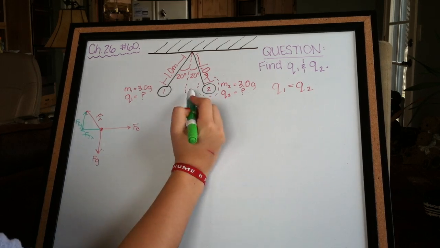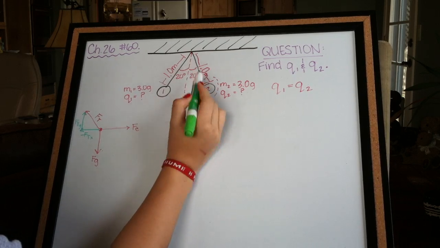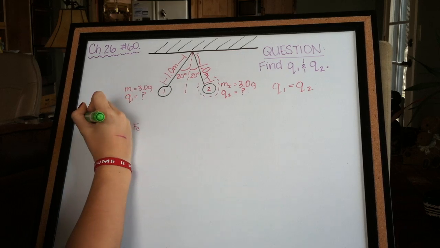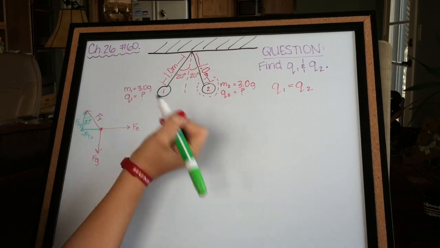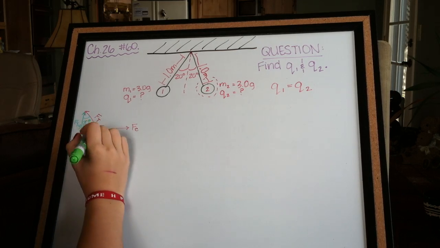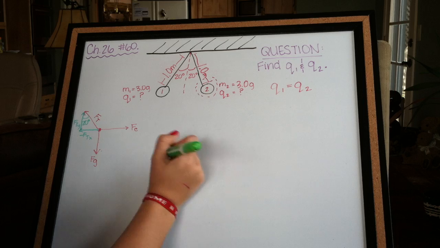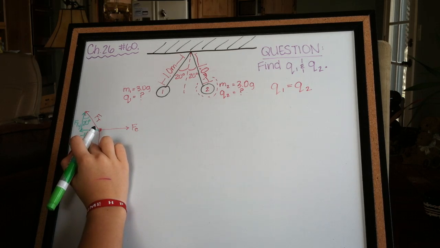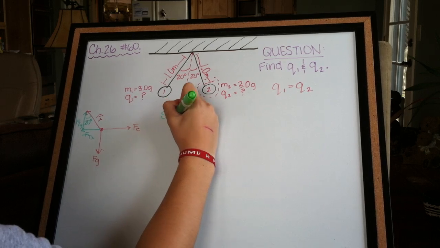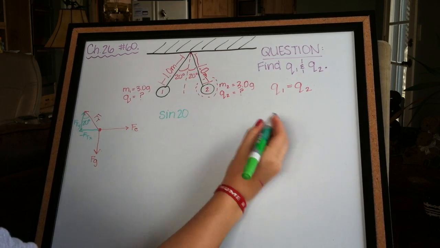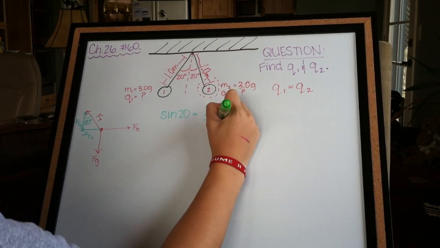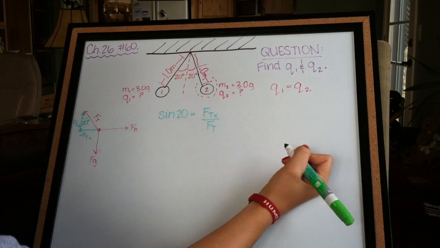Now, using this triangle, we know that this angle is 20 degrees, and so using basic trig, we can solve for each of these components. So I'm going to solve for force tension x first, which would be sine of 20 equals force tension x over force tension.